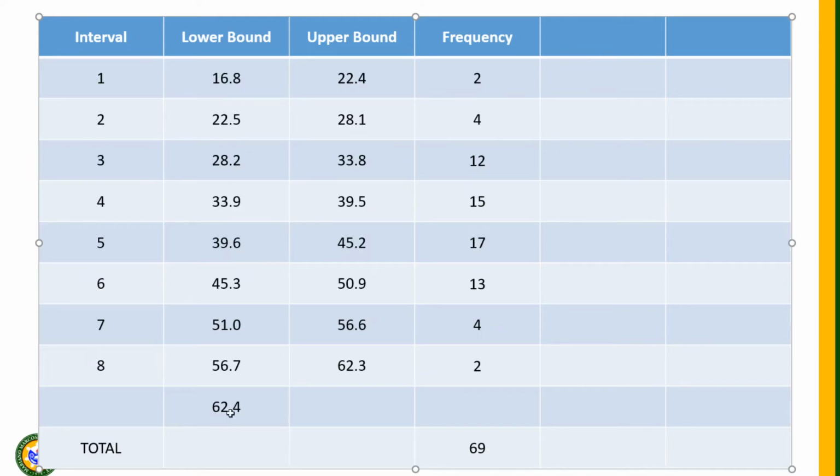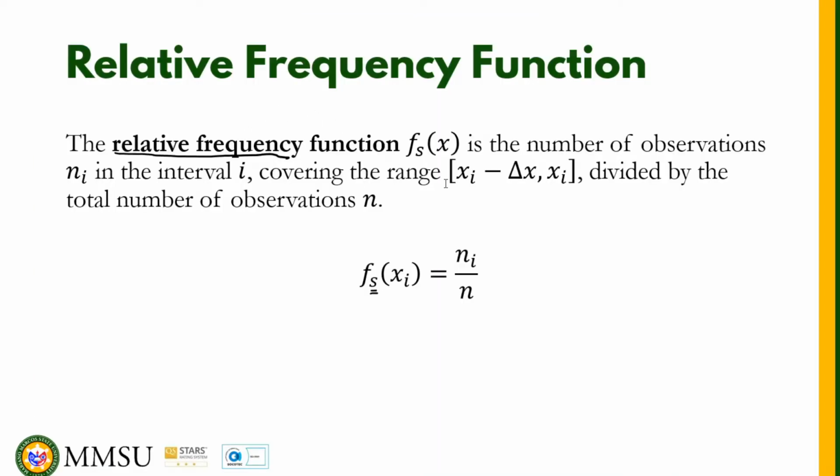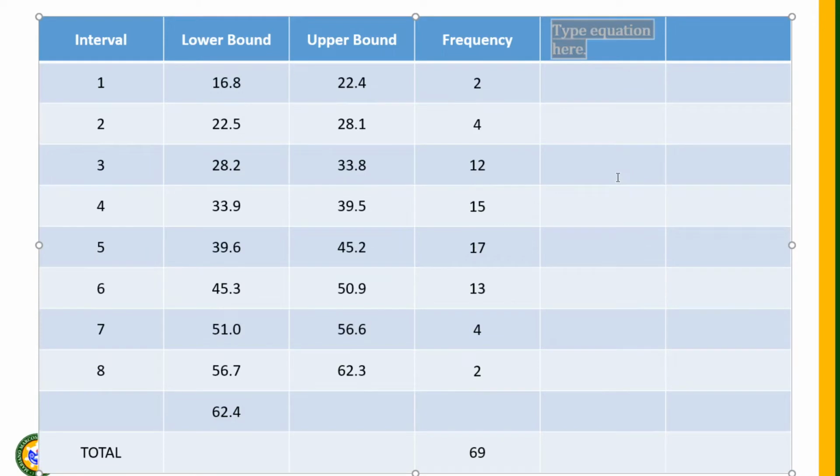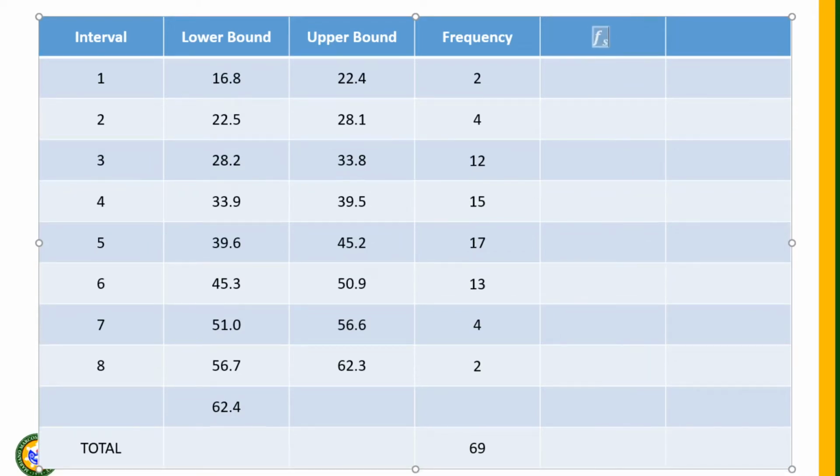Itong next na column natin is the relative frequency, or relative frequency function. This is f sub s of x sub i, x sub i meaning the interval. Let us go back to our table and name this the relative frequency function, or we can just type in f sub s of x sub i.